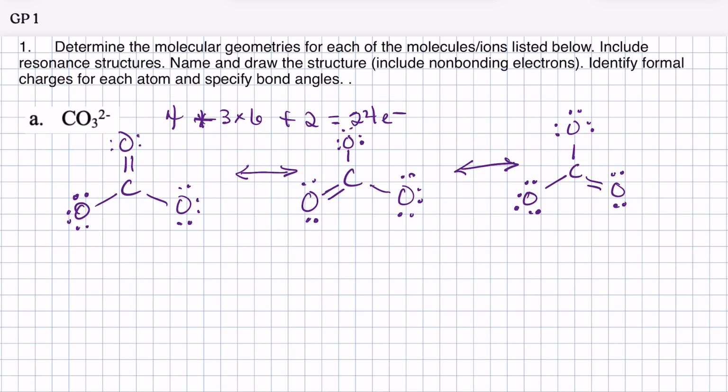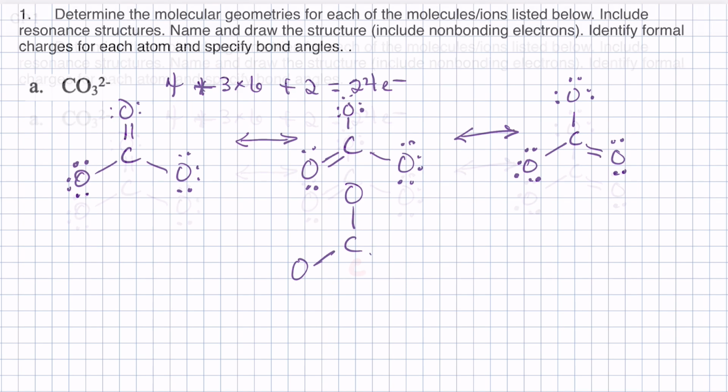And sometimes you might see it drawn like this to indicate that we've got this weighted average where these electrons are delocalized over the entire molecule. All these bonds are equivalent. They all have the same bond length. That is the point of having resonance structures. It shows that the real molecule is going to act as a weighted average of all of these. So this is the structure.